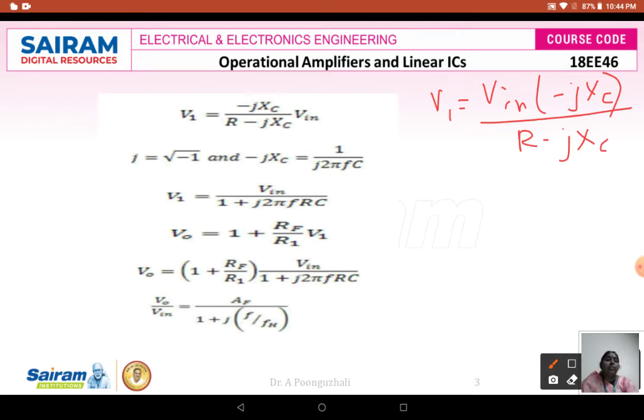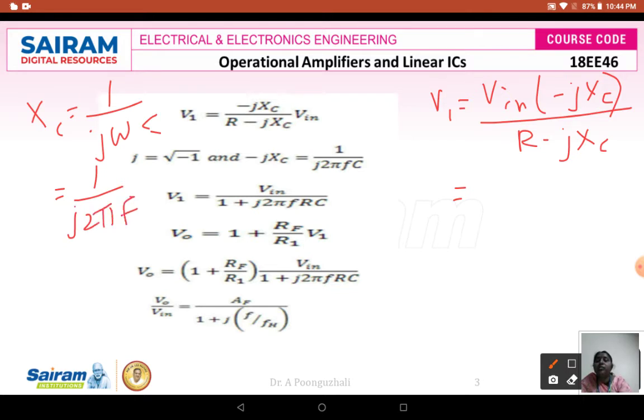Now if I am going to simplify it, XC is nothing but 1 by j omega C, where omega is nothing but 2 pi f. So I can write 1 by j into 2 pi f into C. Here this j, if I bring it to the numerator, it is going to be minus jXC. So that is what we are going to write here.